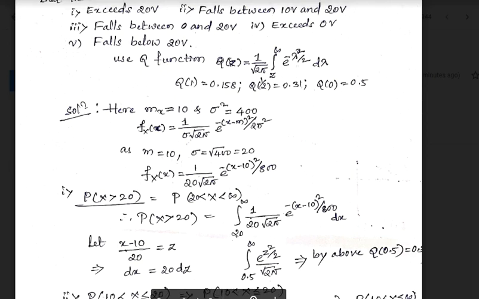So here z and Q of z is there. Here it is 0.5. So Q of half, that is Q of 0.5, has a value of 0.31. So this integration works out to be 0.31.